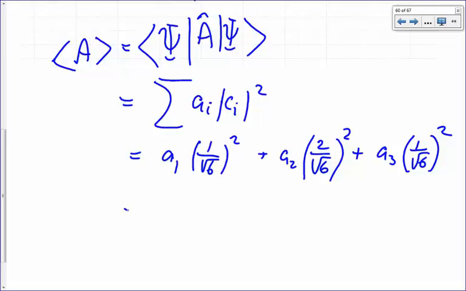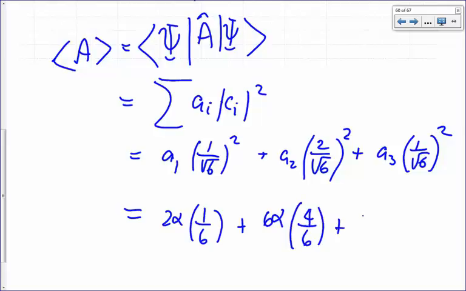So what's A1? 2 alpha times 1/6. What is A2? 6 alpha times 4/6. What is A3? 12 alpha times 1/6. So that's the average value of A.